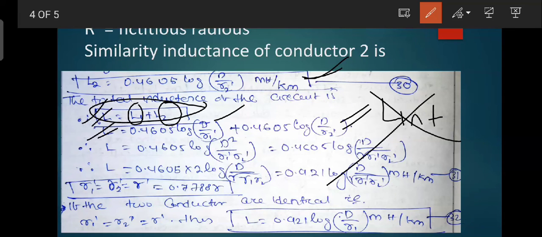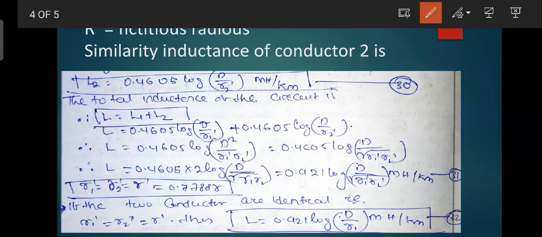Then by adding these two terms, we will get 0.4605 log d square divided by r1 dash r2 dash. Taking the square root of both the denominator and numerator, we get the square root of d square, which is d, and the square root of r1 dash r2 dash in the denominator.